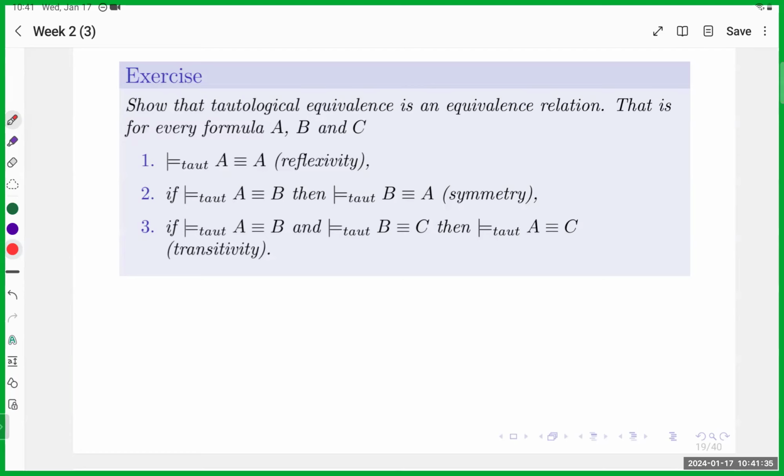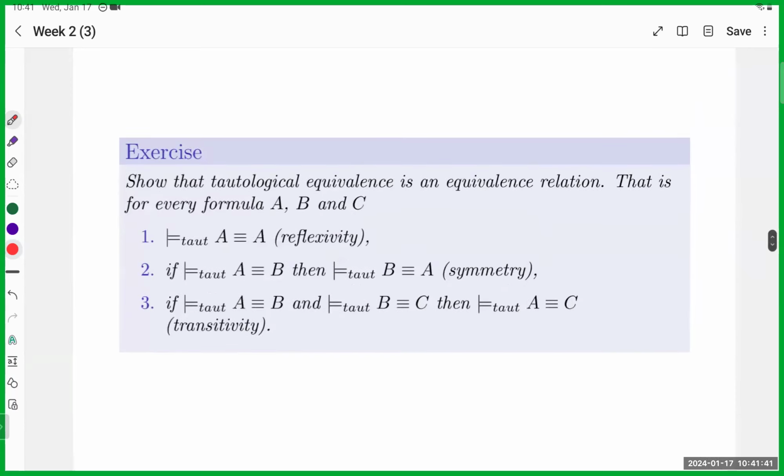You should know what a relation is. A relation is a subset of, when you have a set X, you can take the Cartesian product of X with itself, or the Cartesian product of two sets. Any subset of the Cartesian product is called a relation.